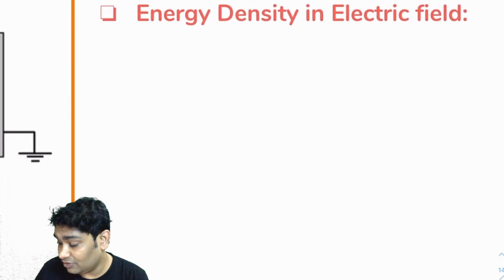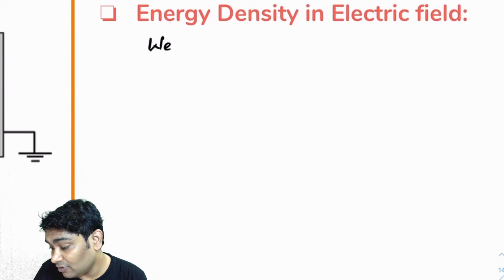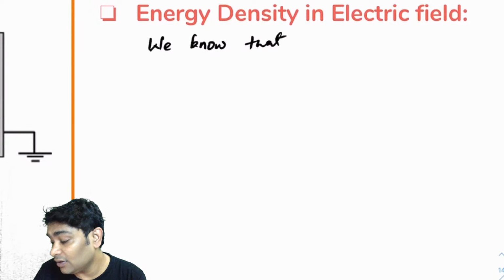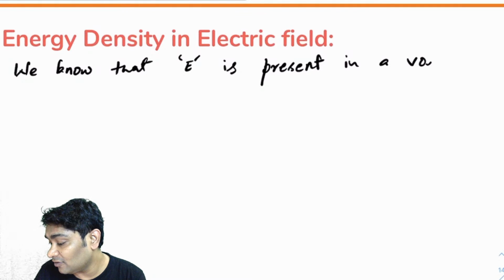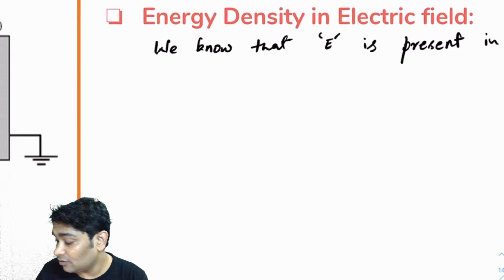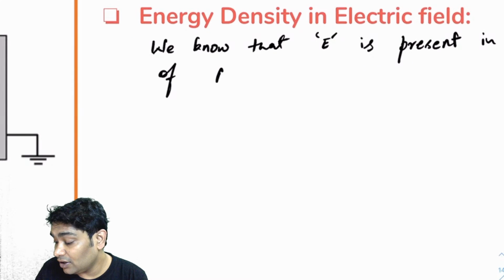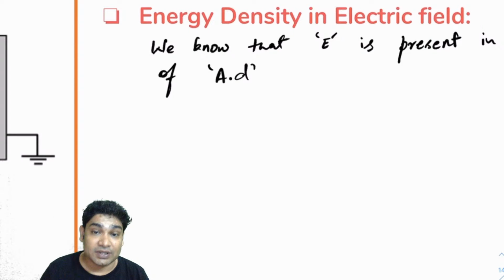So we know that E is present in a volume of A times D. Alright, so this is the volume in which the field is present. Alright.